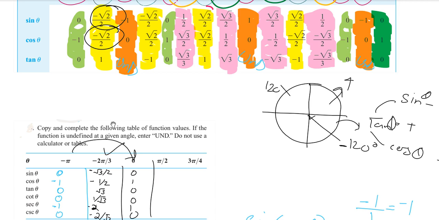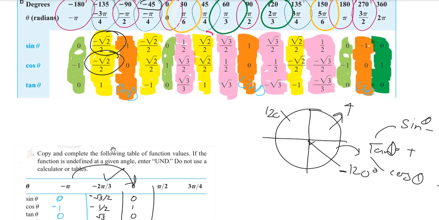Okay, so now we have to see the positive 90 degree. Positive 90 degree lies over here, and we know that tan 90 is undefined, and that sine 90 is 1, and cos 90 is 0.